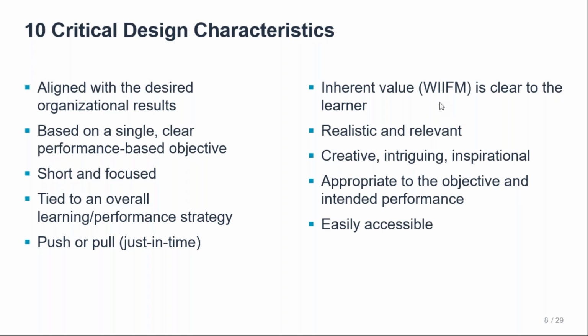That has to be conveyed very clearly, and that will tie back to covering all that is needed to help them achieve a single performance-based learning objective. So in order to ensure that the value is clear, we have to also ensure that the microlearning asset is relevant to the job task, helping them solve that particular problem which they are stuck with, or helping them gain knowledge about that particular concept for what it is intended.